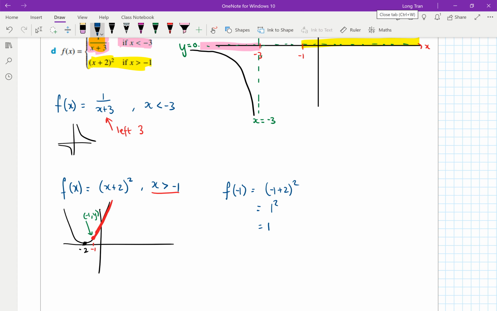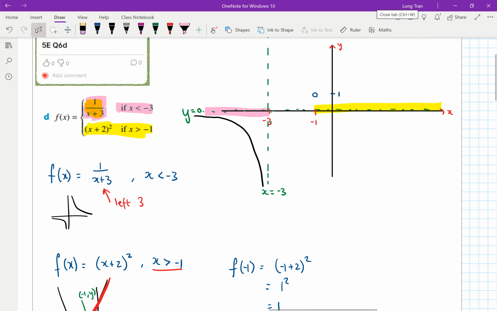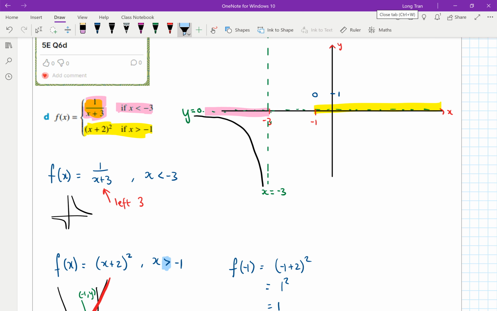So at -1, I should be starting here. Notice I did an open circle. Why? Because in the restrictions, it's greater than but not equal to -1. With the rectangular hyperbola there's an asymptote, so I didn't have to worry about that.